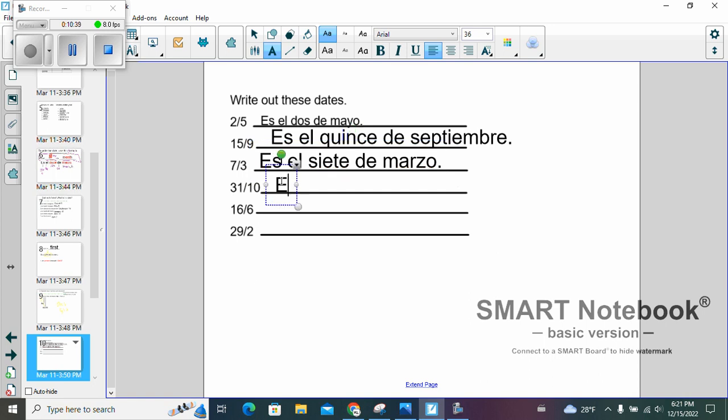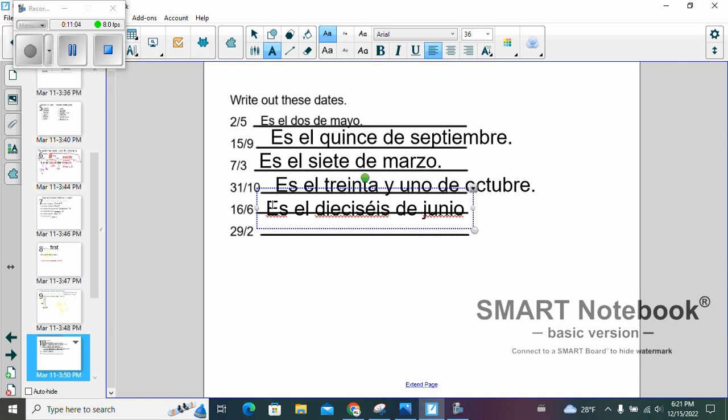And then we have es el 31 de octubre. And 16-6 would be es el 16 de junio, 16th of June.